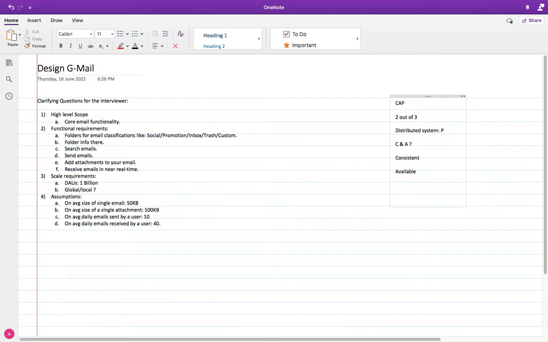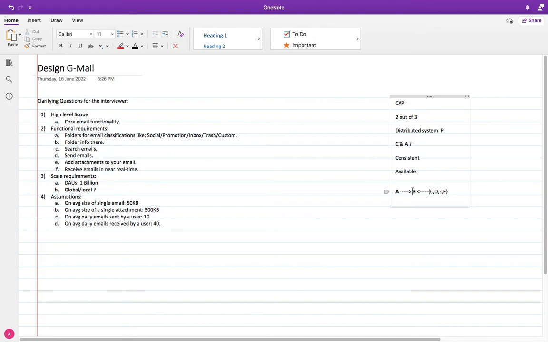Now take for example, A sends an email to B, who also receives emails from a lot of other users. Let's say C, D, E, F, these are users, right? Now when A sends an email, A is able to see that the email has been sent to B in its sent folder, but B has not yet received that email.